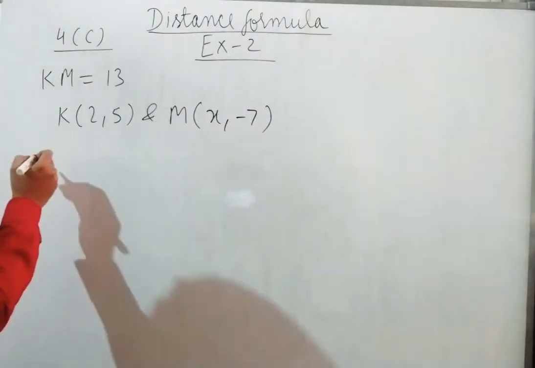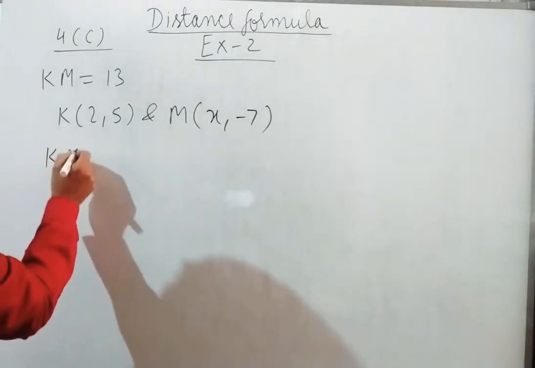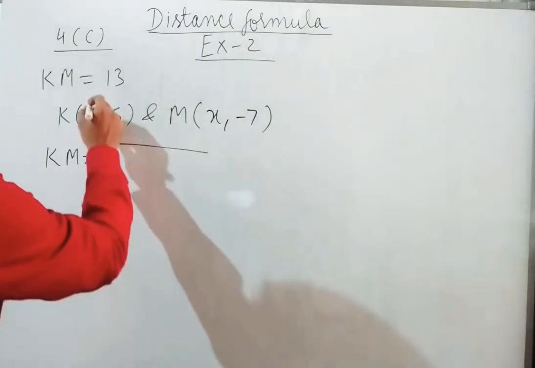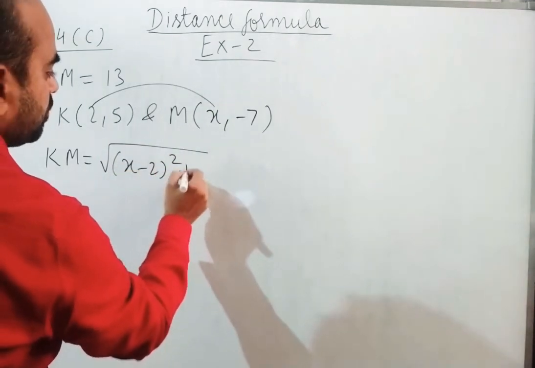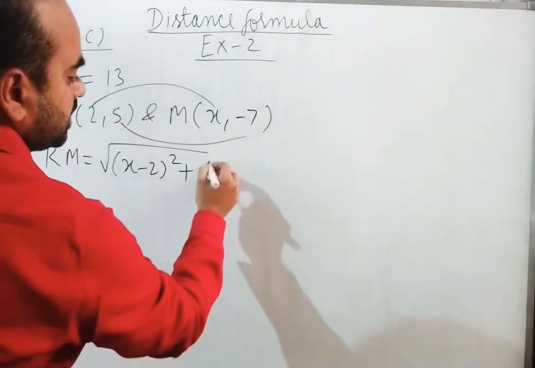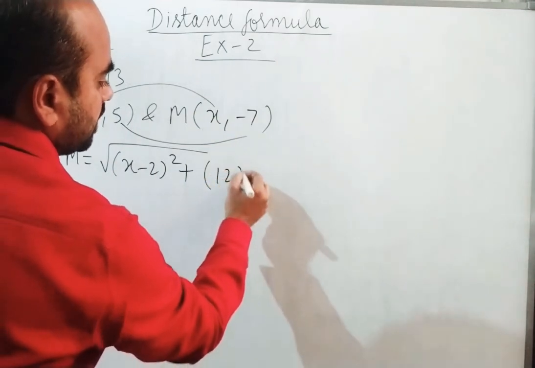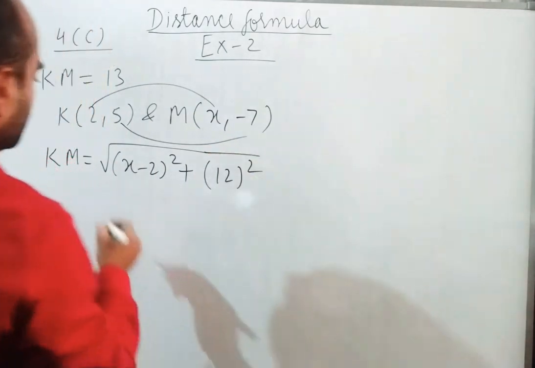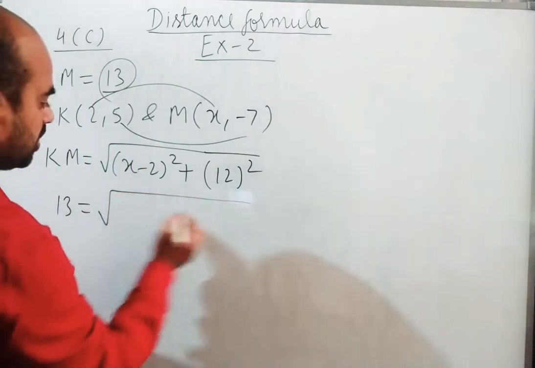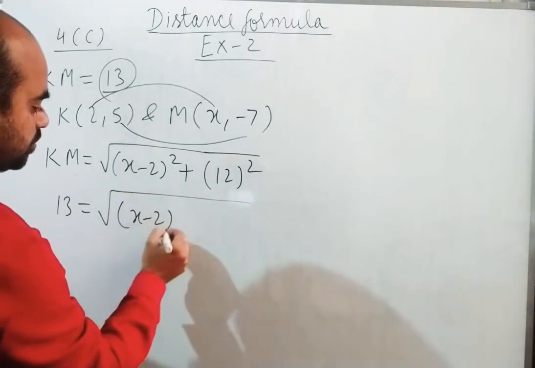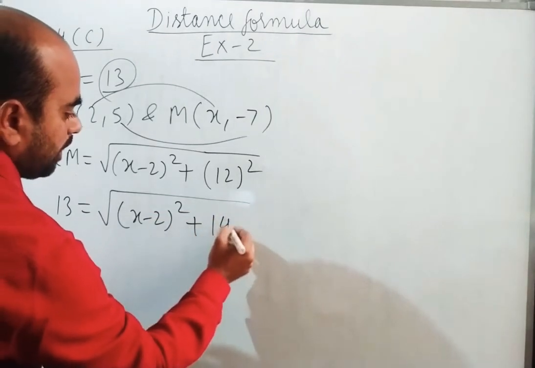Now again calculate KM using the distance formula, then this will give what? (2 minus x) or (x minus 2) whole square plus (5 minus 7) or (7 minus 5), that will give 12 whole square, and KM is given as 13. So 13 is equal to root of (x minus 2) whole square plus 144.